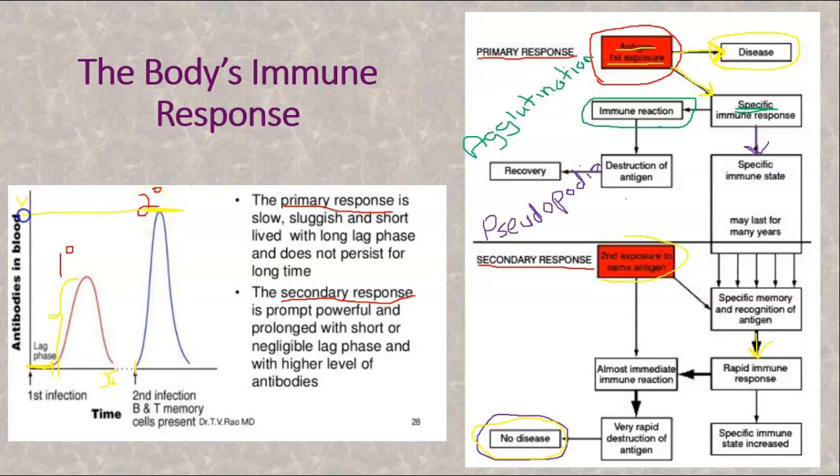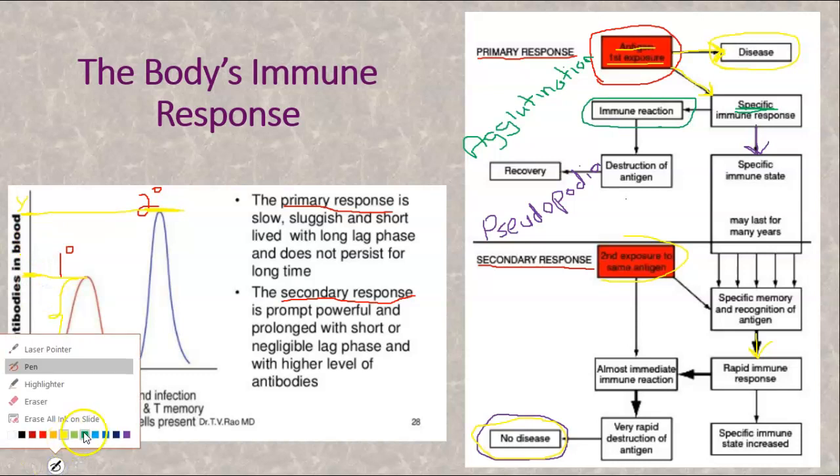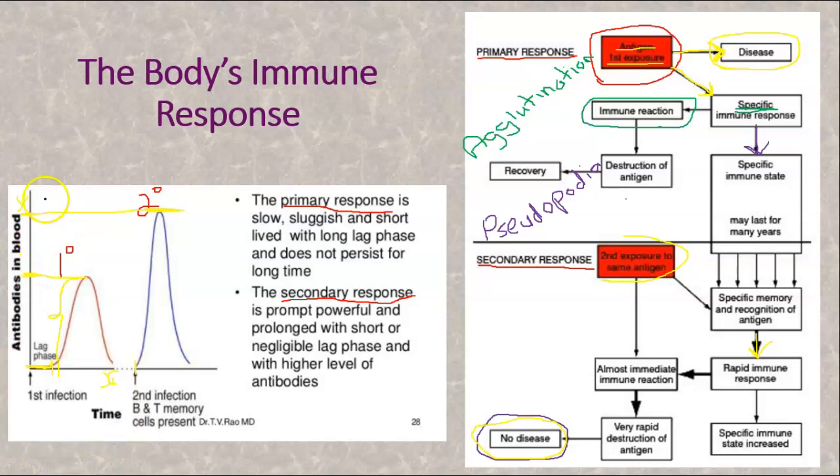Look at the y-axis. Look at the level of antibodies for the secondary response. Look how high it is. Compare that to the highest level of antibodies in the primary response. Look how low it is. So you have this huge difference in the level of antibody in the blood.